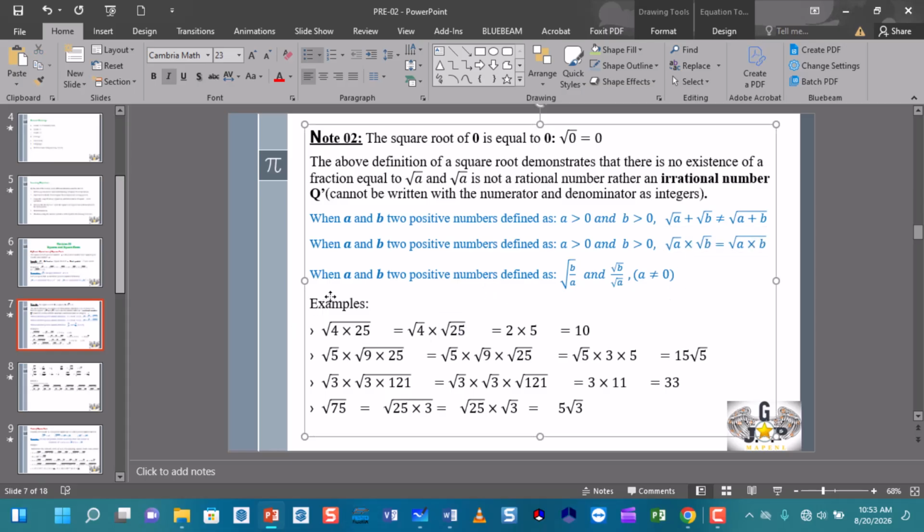And the last line says that when a and b are two positive numbers, the square root of b over a can be written as the square root of b over the square root of a, and a is different from 0.